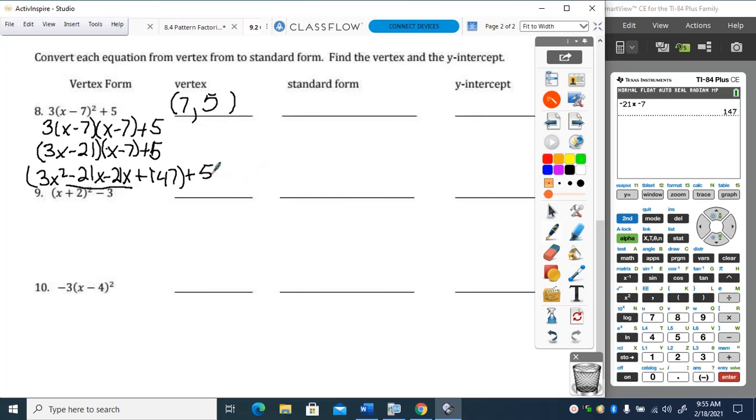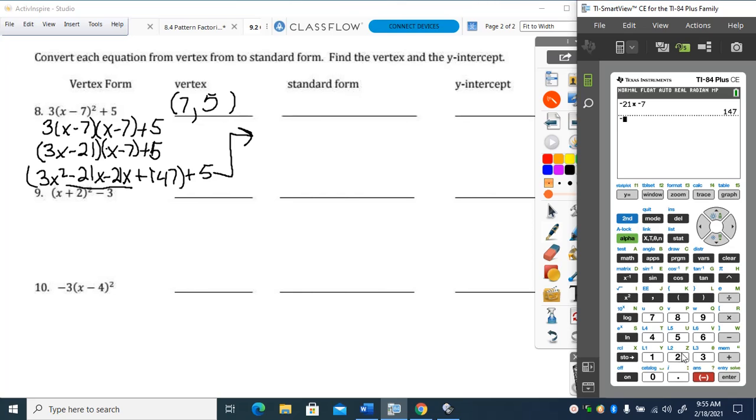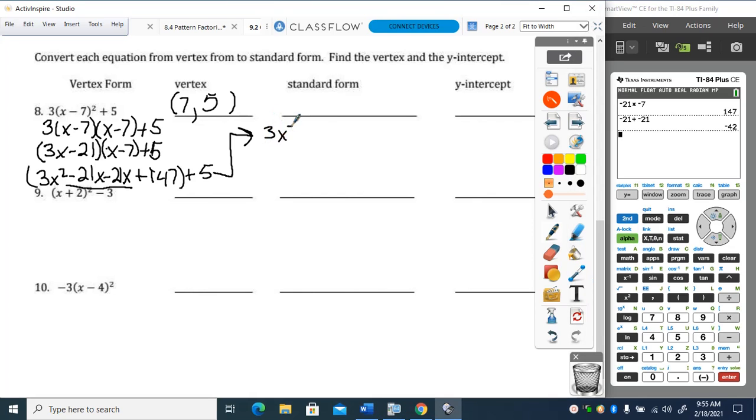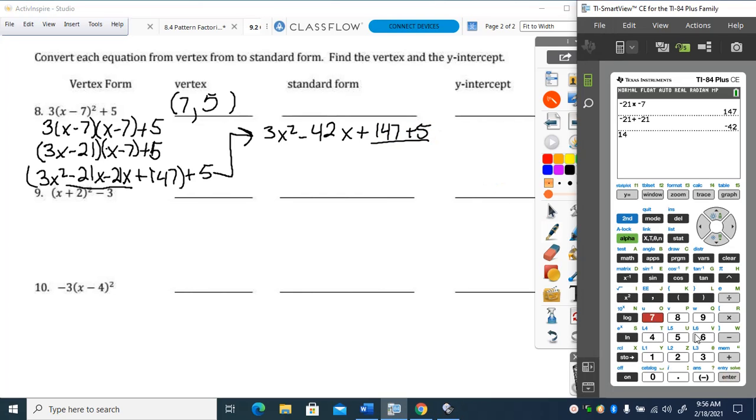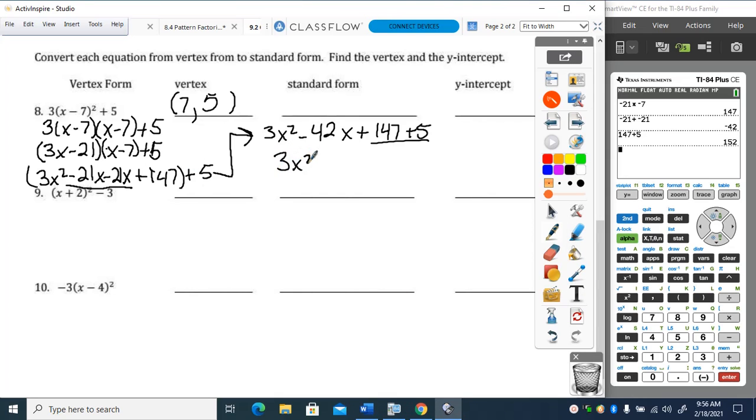We have negative 21x and negative 21x, which means negative 21 plus negative 21 is negative 42. So we have 3x squared minus 42x plus 147 plus 5. So what is 147 plus 5? That'll get us 152. So we have 3x squared minus 42x plus 152. And that's my standard form.